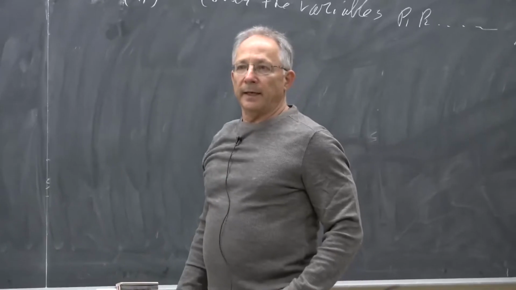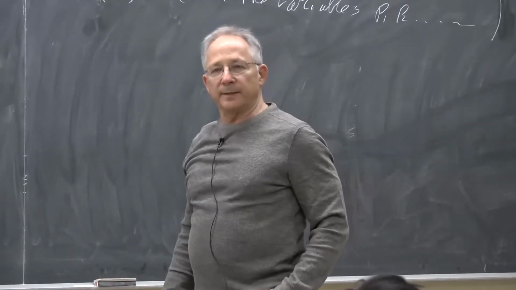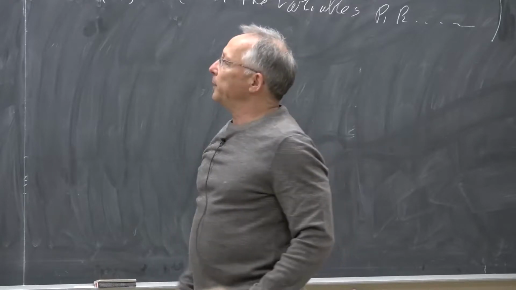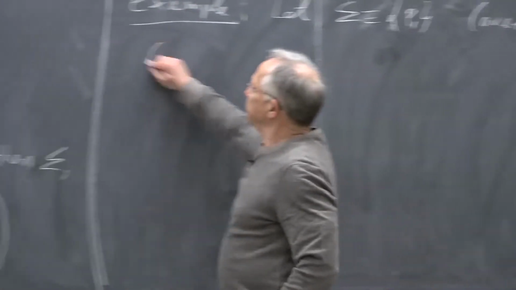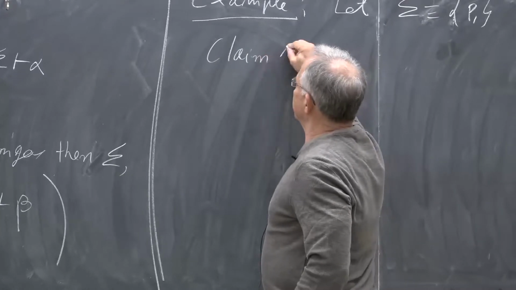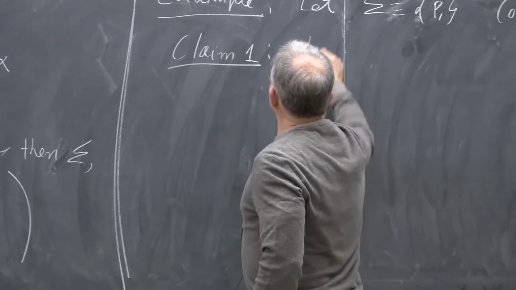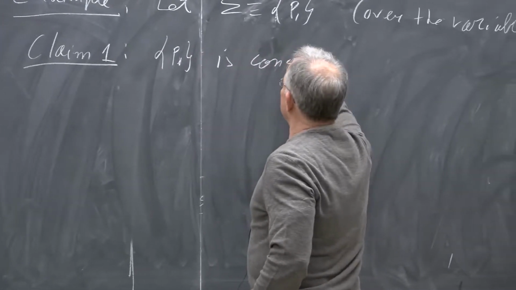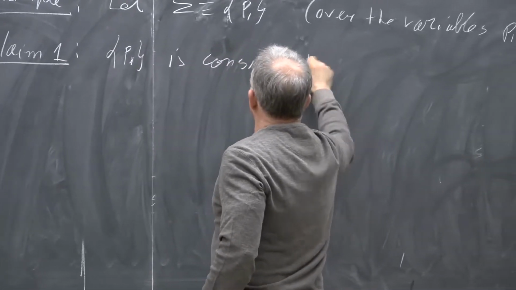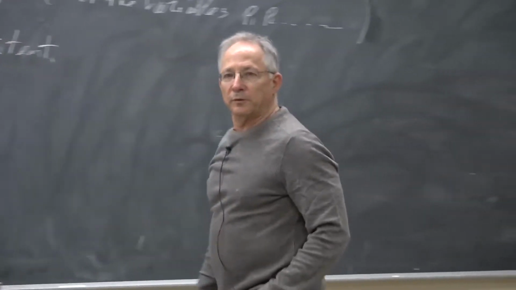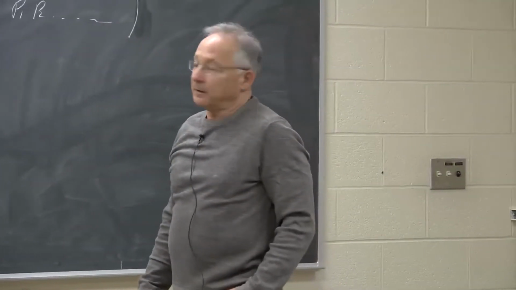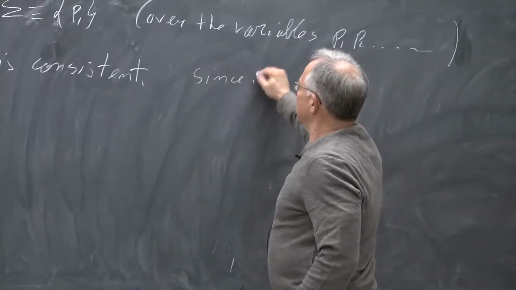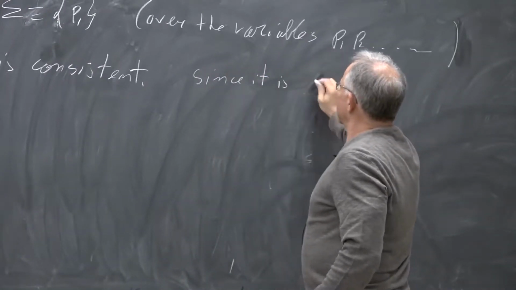Then I claim that it is consistent and it is not maximally consistent. So claim 1: this sigma, P1, is consistent. Can you show why it's consistent? It's satisfiable.